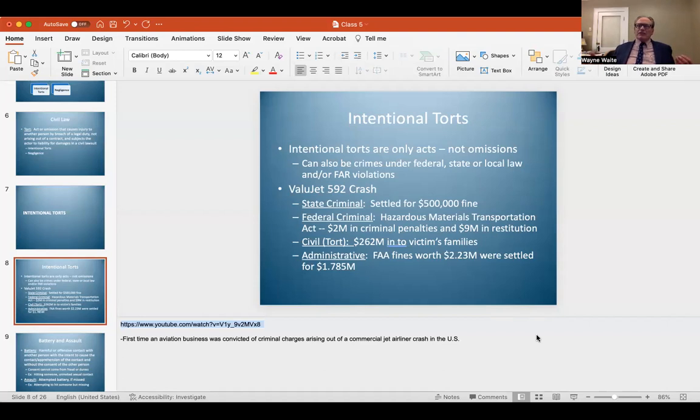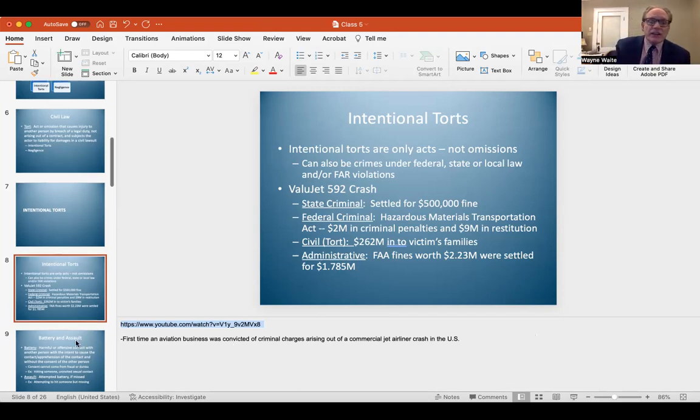However, in a criminal case, the judge can order restitution, which is like compensating the victims, and in this case the 9 million restitution is in addition to the 262 million that went to the victims' families. This is a significant case because it's the first time an aviation business was convicted of criminal charges arising out of a commercial jet airliner crash in the United States.